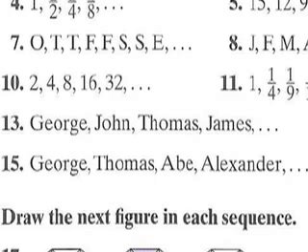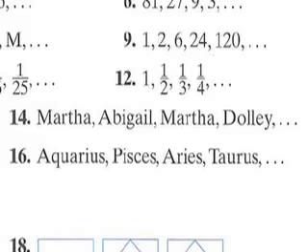Those were the first letters of the words for the numbers 1, 2, 3, 4, 5, and so on. Number 13, the one that went George, John, Thomas, those were the presidents of the United States, George Washington and so forth. Number 14, Martha, Abigail, those were the first ladies, the wives of the presidents, beginning with the first one.